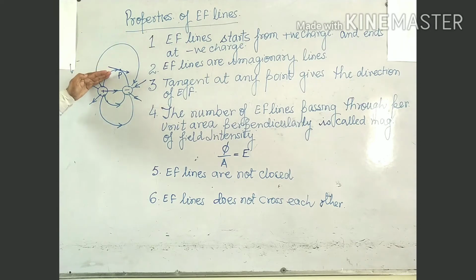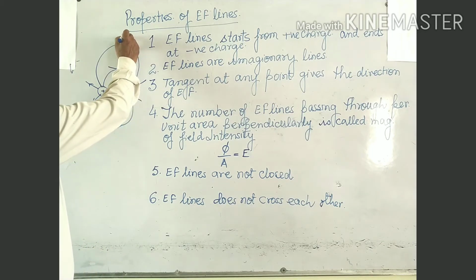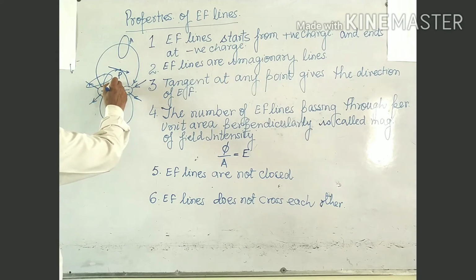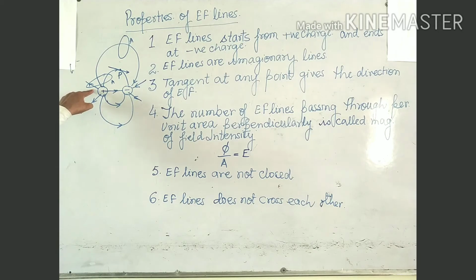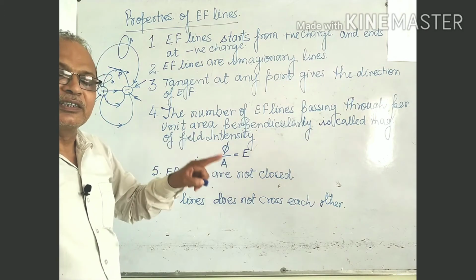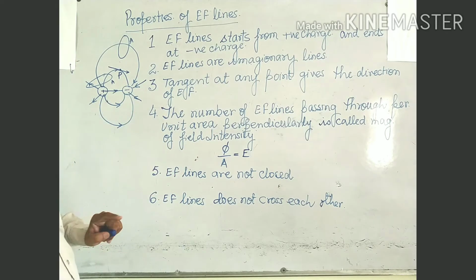Here more lines are passing, so the electric field intensity in this region is more, and in this region it is less. So the total number of lines passing perpendicularly through per unit area is called the electric field intensity at that point.